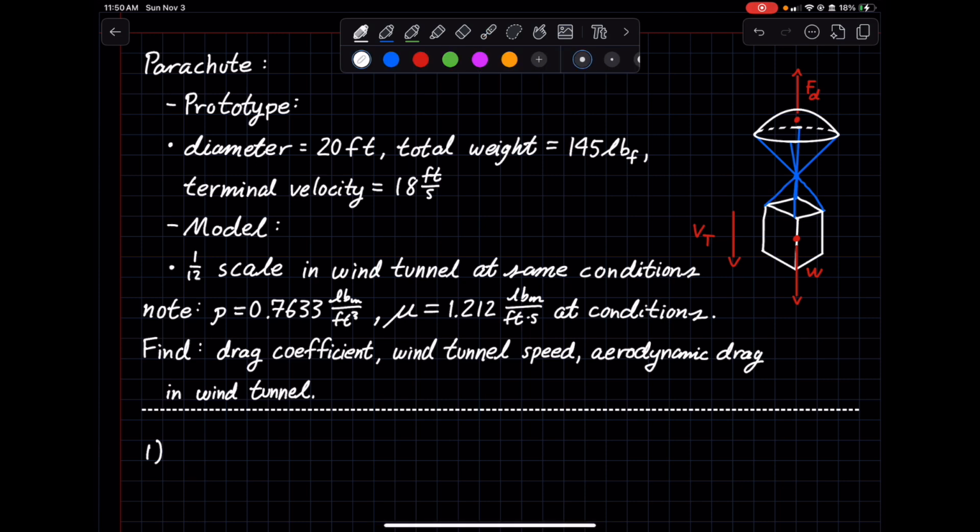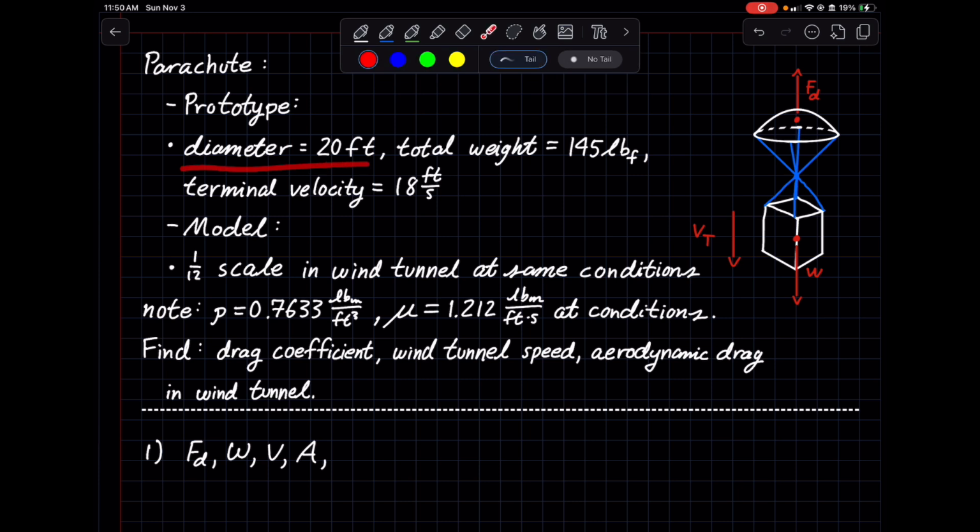So overall, for part 1, we are listing the parameters. We have our drag force, our weight, the velocity we're traveling, and the cross-sectional area, which I'm getting because we're given a diameter. I'm going to assume this parachute is a perfect circle, so this is just pi over 4 times diameter squared.